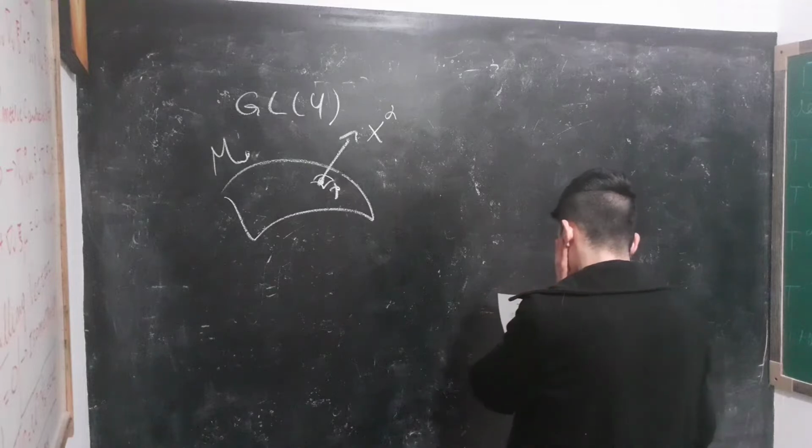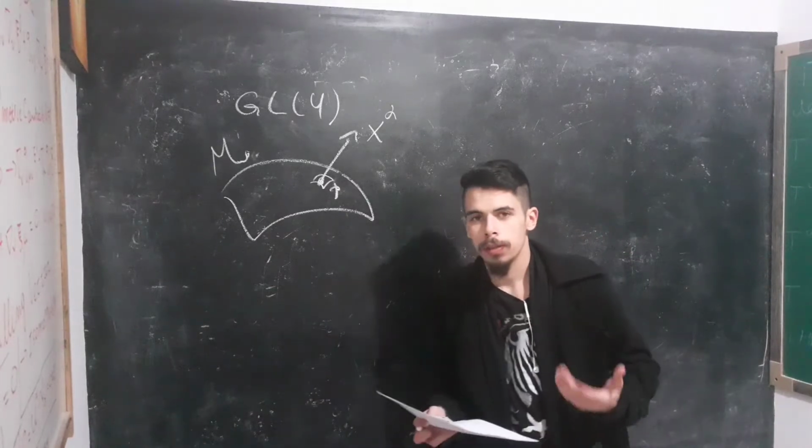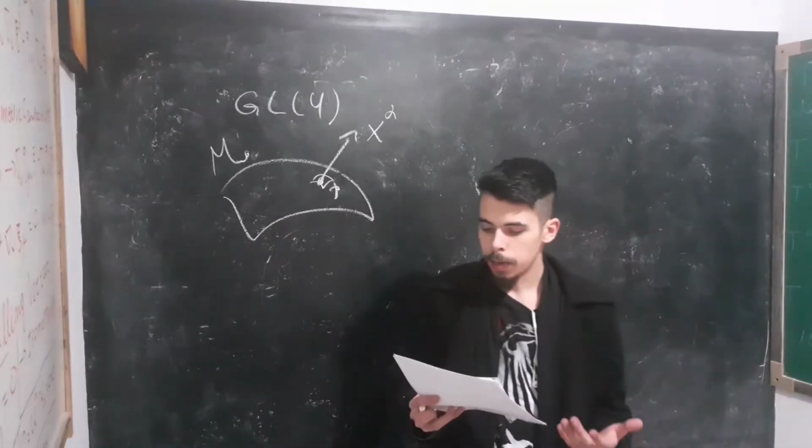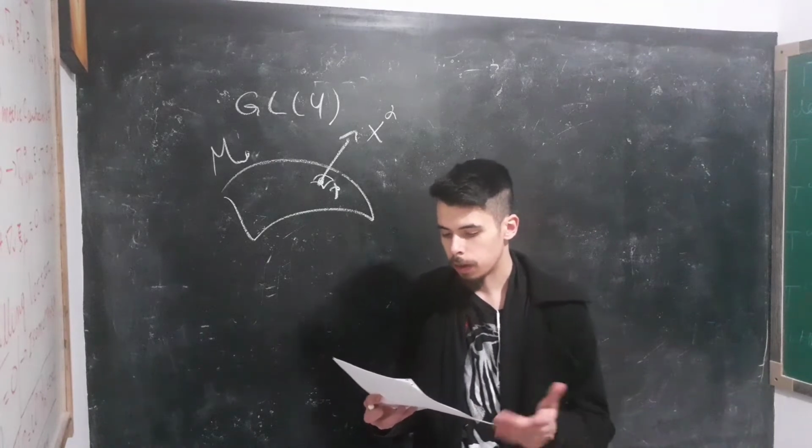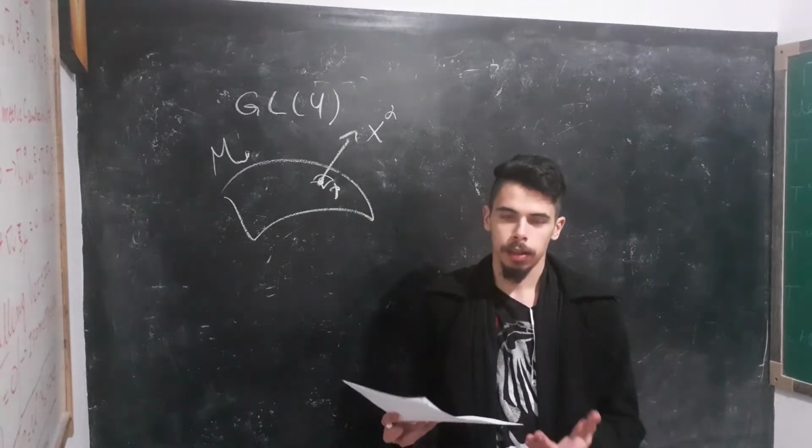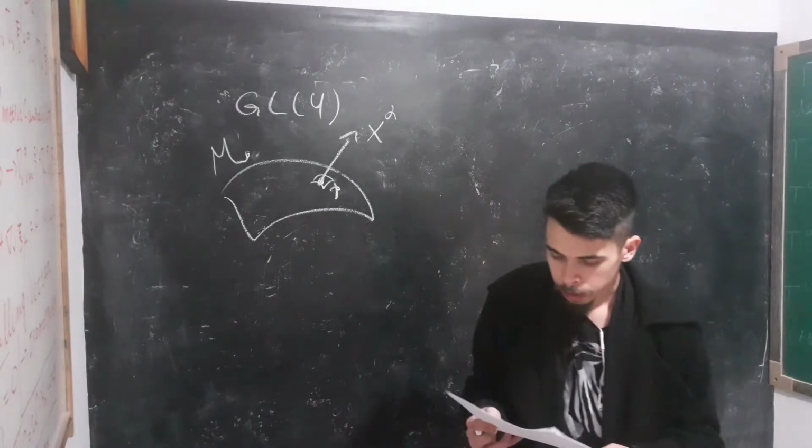So what we need is, if one is using a Lorentz curved metric, the tangent space at that point will be the Minkowski space. That's obvious, I hope you know.